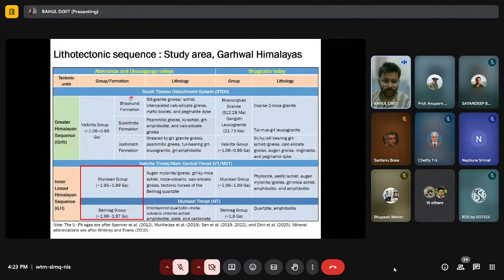All the rocks within the Vaikrita group are mostly Neoproterozoic in age and are further intruded by Paleozoic to Cenozoic granitoids. So we can see there is a sharp contrast across the Vaikrita thrust. The footwall rocks are mainly Paleoproterozoic, whereas the hanging wall rocks are mainly Neoproterozoic in age.